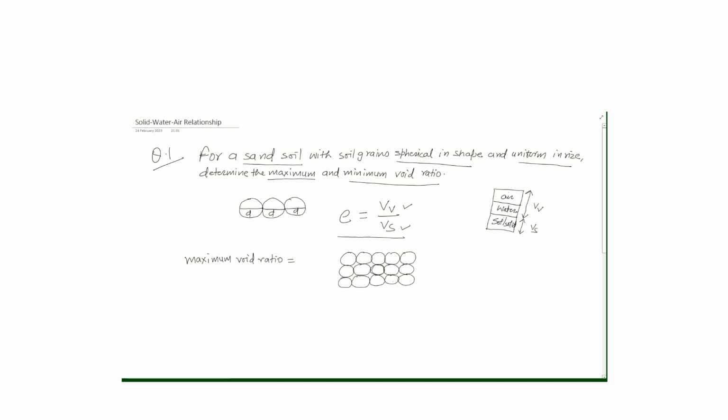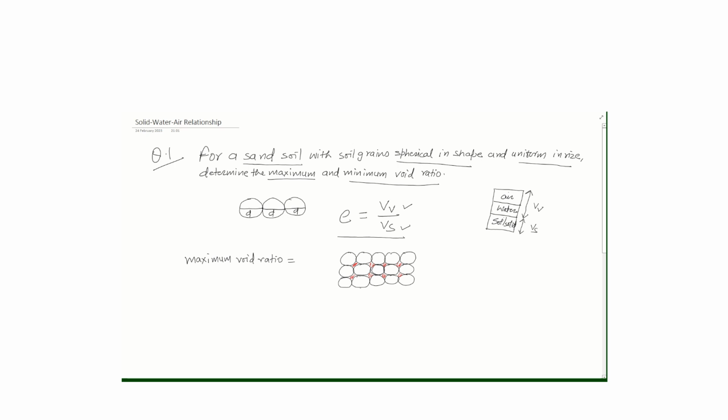In this case you will find that the voids are going to be the maximum. Okay, so for maximum void ratio you will find these are the voids. So in this configuration the soil mass has the maximum void ratio.